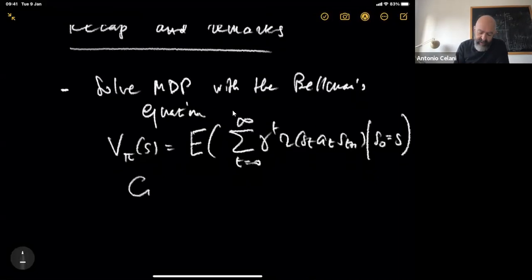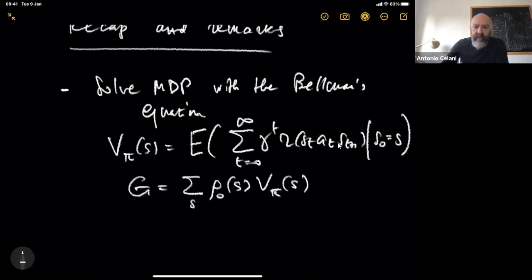Okay, so we can define G as the sum over S of the initial distribution of states times the value, which means just that we are averaging this term without conditioning on the initial state, or better, averaging over a distribution of possible initial states.